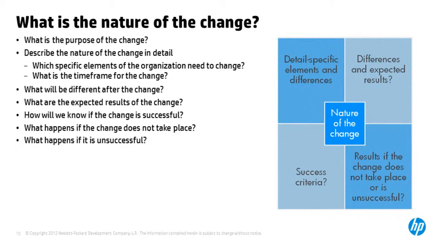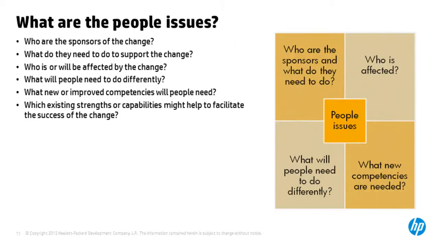Which specific elements of the organization need to change? What is the future state? In other words, what will be different after the change has taken place? What would happen if the change in which you are involved is not implemented? What would happen if it is unsuccessful? Also look at the obstacles that might hinder the change.